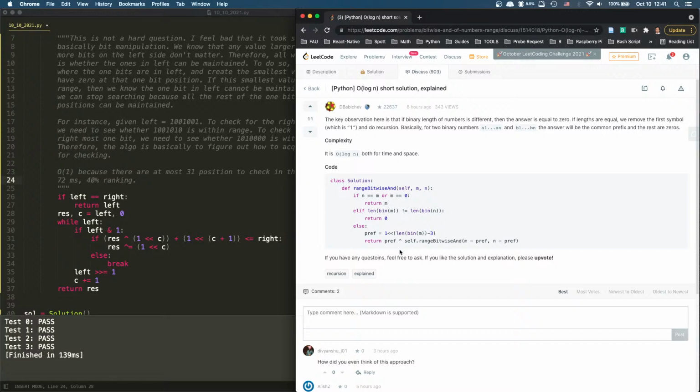And then it's going to be 1 left shift m.